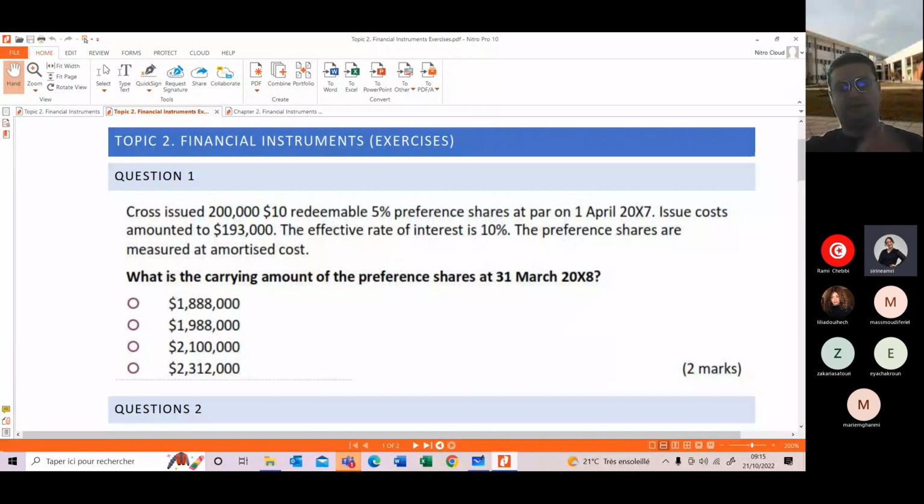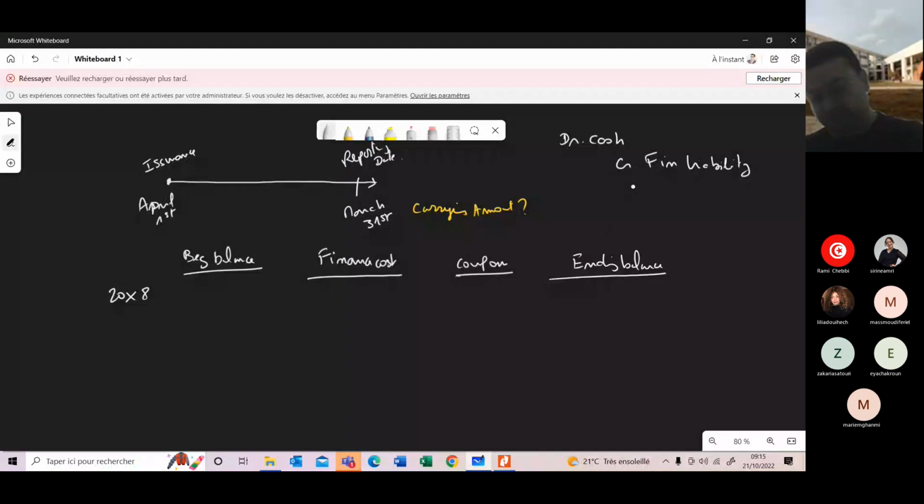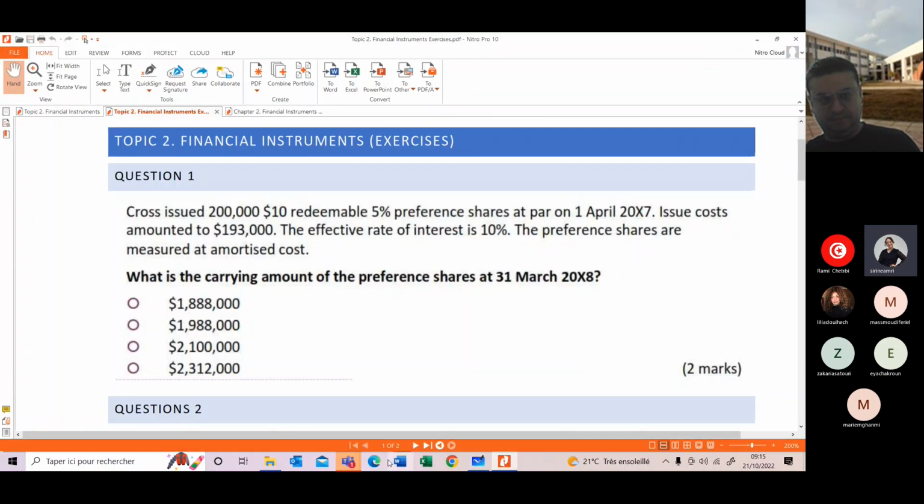We're asking about the date of issuance, from the issuer's perspective. It's a financial liability. What is the amount that you're going to debit with cash and credit with financial liability? Think about it. It is 200 multiplied by $10, so 2 million.